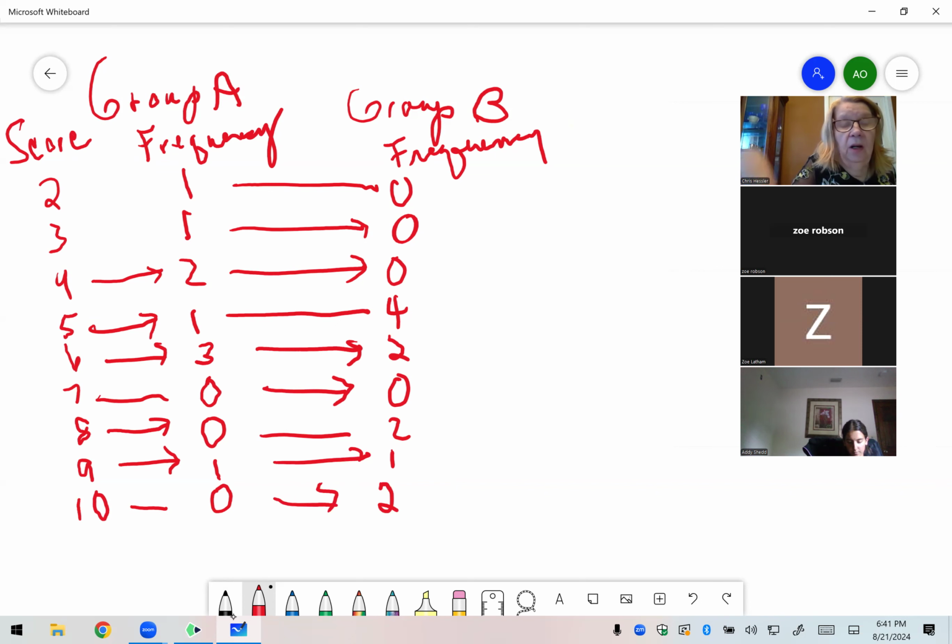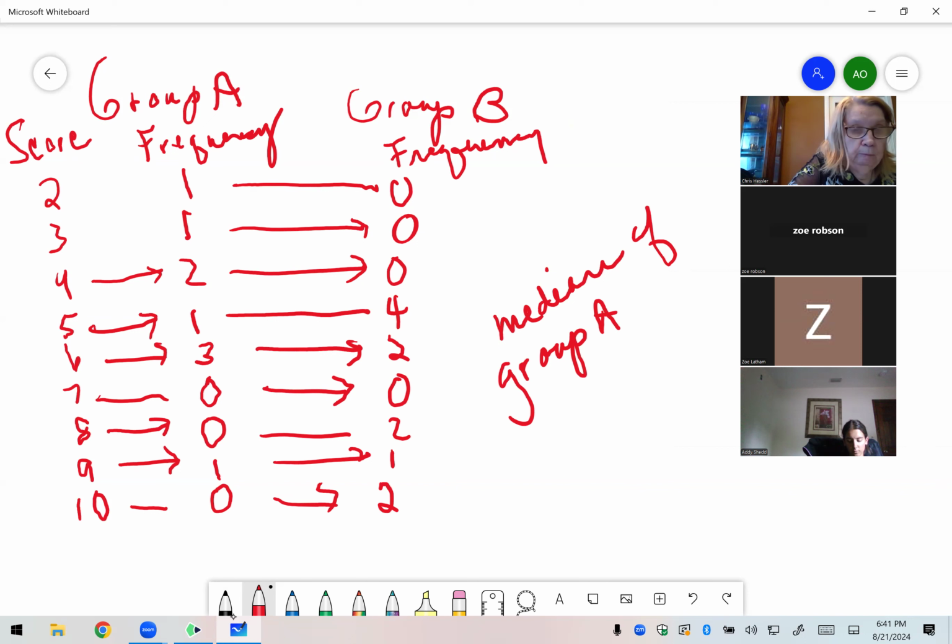Okay, so we want to know the median. We'll do this one first. The median of group A. Can you put the totals down for each one as well, just so they know how many there were? Maybe write total. Okay, good, that looks good. So the median of group A is how much greater than the median of group B, right?